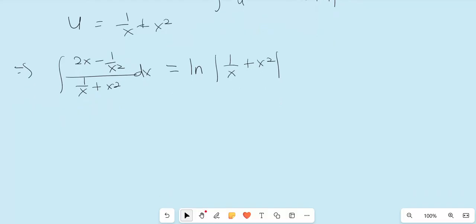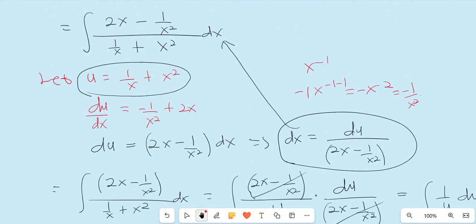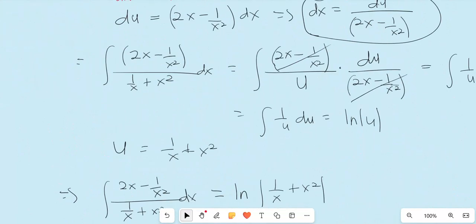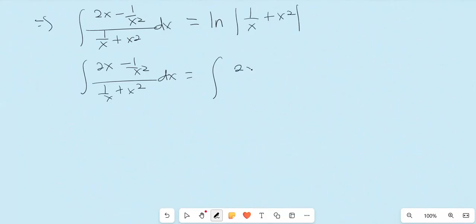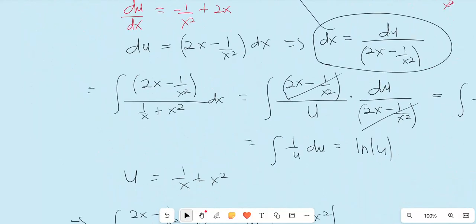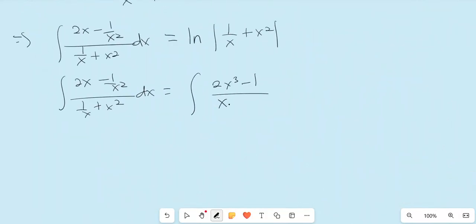But this one, the integral of 2x minus 1 over x squared over 1 over x plus x squared, is the same as our original integral, which is 2x cubed minus 1 all over x plus x to the 4th power dx.